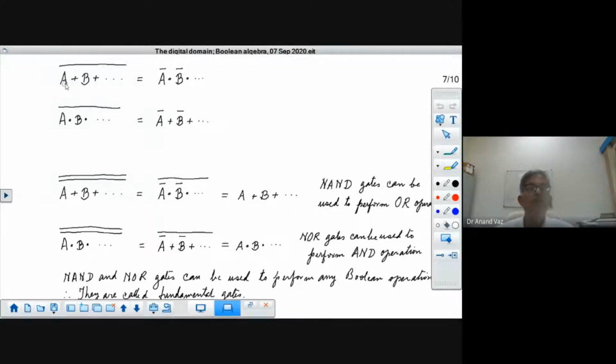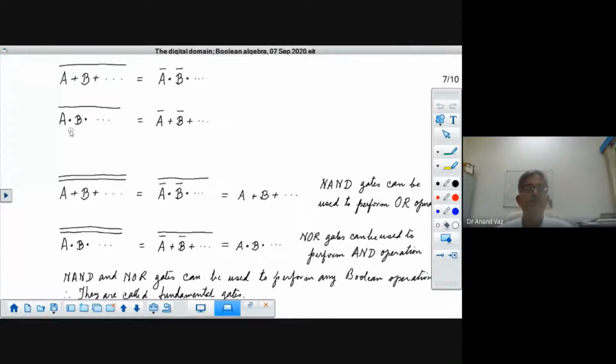And if you OR all of them and then complement them, that is, you take the NOR operation of these inputs, you will get not A and not B and not C and so on. This is how you can extend De Morgan's laws to more inputs.